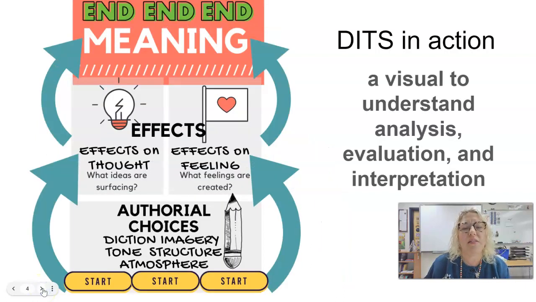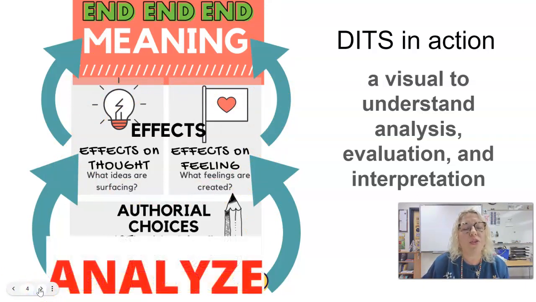Another way to look at this, here is a larger image of what I just showed you. We start with the authorial choices, we move to the effects, and then we end with meaning. The three things we're doing are analyzing. That's what we do when we take a look at examples of diction, imagery, tone, structure.